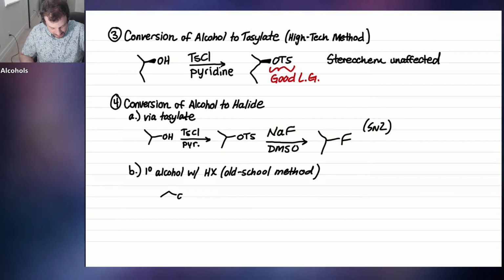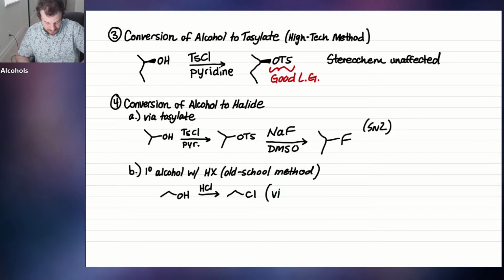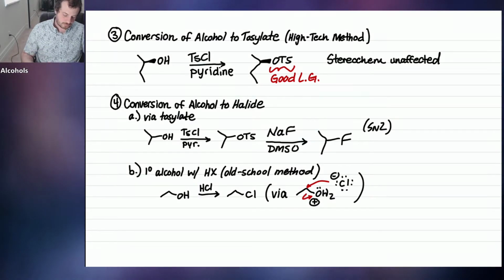You can treat it with HX, so for example, HCl, and you're just going to replace the OH with that halogen, in this case Cl, and it goes via an SN2 mechanism where the first step is actually getting the protonated alcohol, and then the halide, like Cl minus, does SN2, kicking out the leaving group. So that's the old school method. We've seen that reaction before.